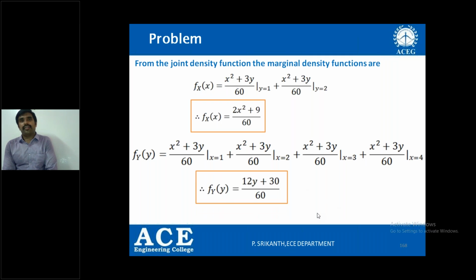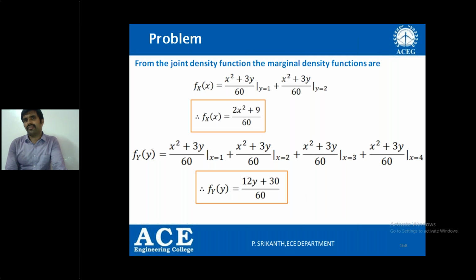Therefore, I get the resultant density function fy of y equal to (12y plus 30) by 60, right? Adding all the values, 1 square plus 2 square plus 3 square plus 4 square is 30, right? We got the marginal density functions.